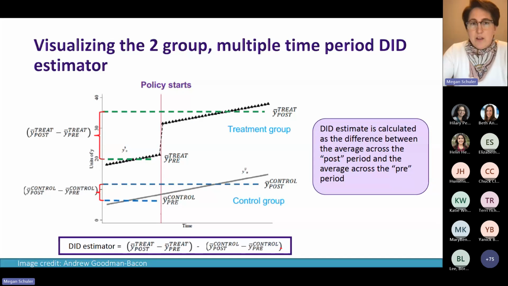And when we apply a difference in difference estimator in this context, we're going to be using the same general approach, but now the pre-post change is calculated as the difference between the average in the post period and the average in the pre-period.